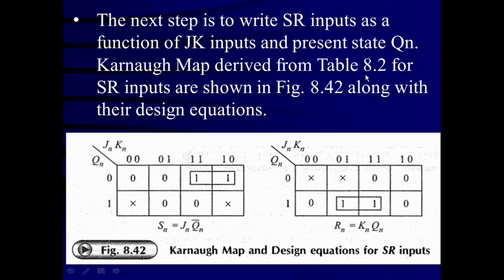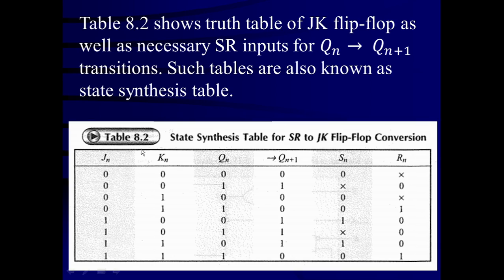The Karnaugh maps derived from table 8.2 for SR input are shown in figure 8.42 along with the design equations. J and K have the possibilities 0, 0, 0, 1, 1, 1 and 1, 0. Qn can be 0 or 1. Combining these inputs, you get the table of J, K and Qn, these 3 variables.